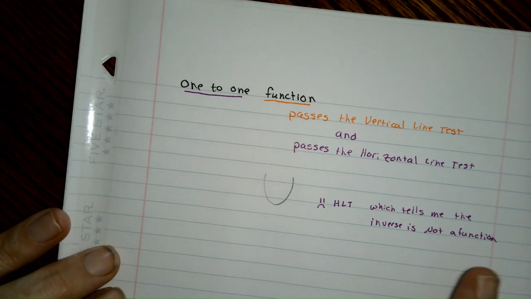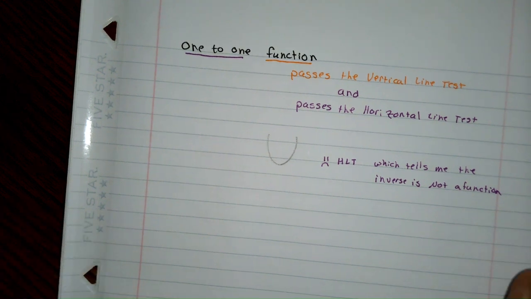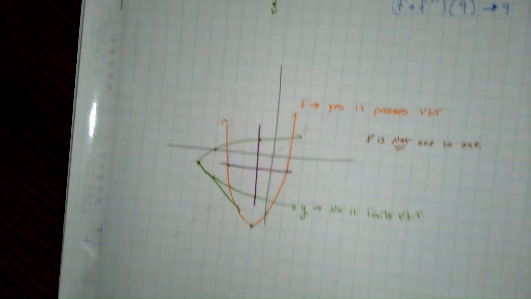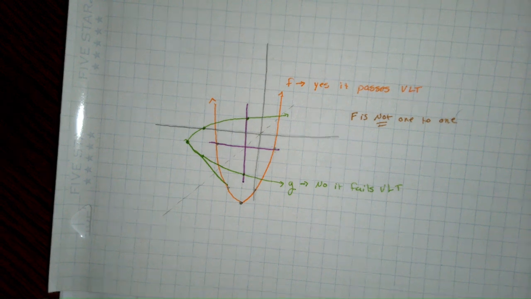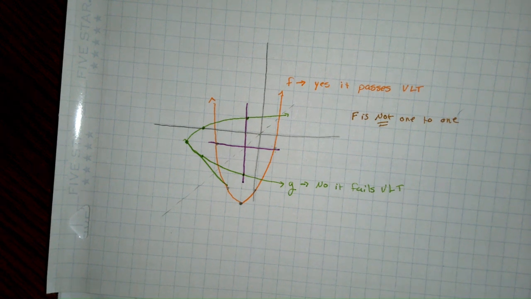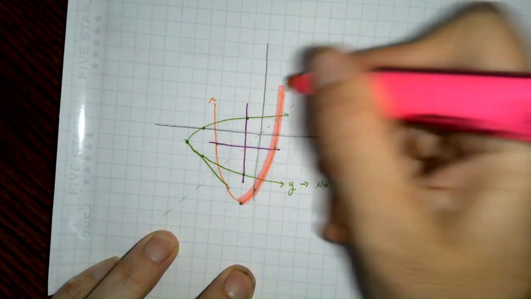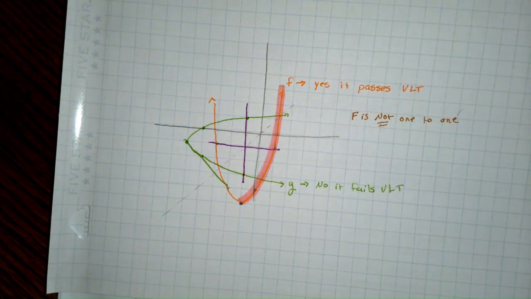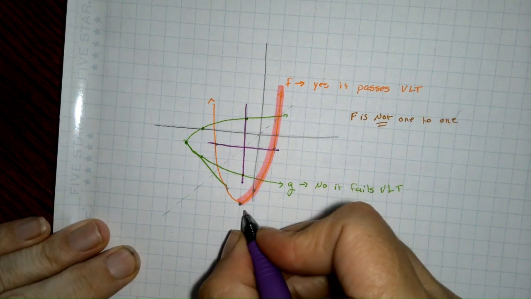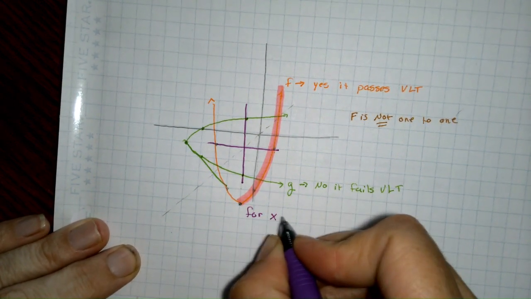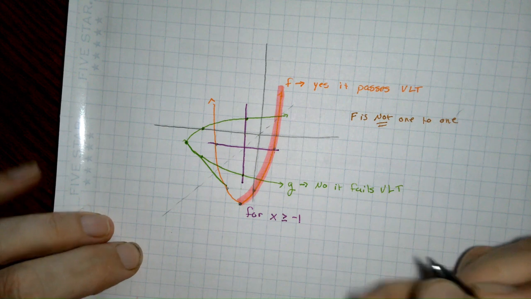So what can we do? If I'm in a textbook that wants me to only deal with inverse functions, what can I do? Well, in order to bring this to 1-to-1, I just need to limit my domain. I need to say, hey, look, I'm not going to use the entire parabola. I'm going to use the parabola starting at x is -1, for x greater than or equal to -1.